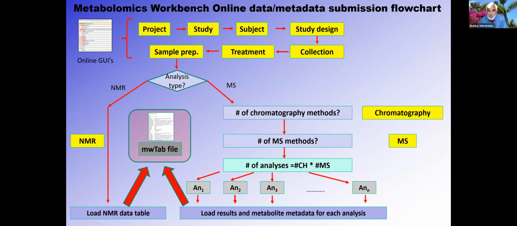The Metabolomics Workbench, where we have a few thousand studies, is where people submit their metadata and data. And I want you to focus attention on metadata. Metadata is very important because if you want to make comparisons, you need to know exactly what the type of experiment is and what the experimental factors are, and I'm going to tell you what factors are in a minute.